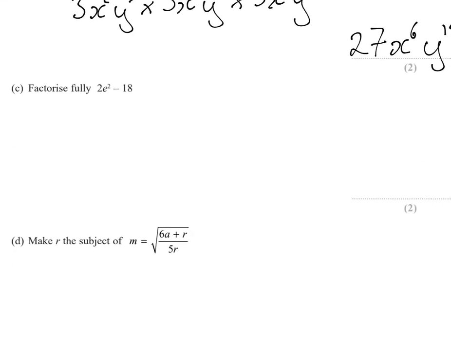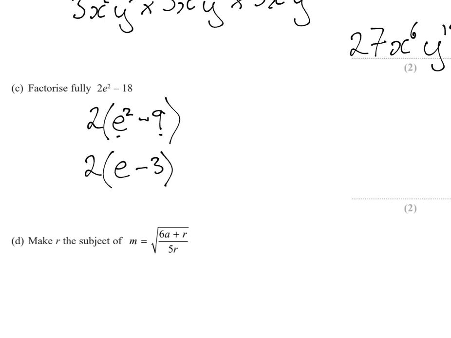Fully factorise. So 2 terms, we start off with this and we go, okay, we're going to take a 2 out because 2 goes into both of those. 2e squared minus 9 gets 1 mark, unfortunately. This is another stage of factorising, and this is a special factorising. It's called the difference of 2 squares because we've got a square number here, and it becomes 2 lots of e minus 3, e plus 3.